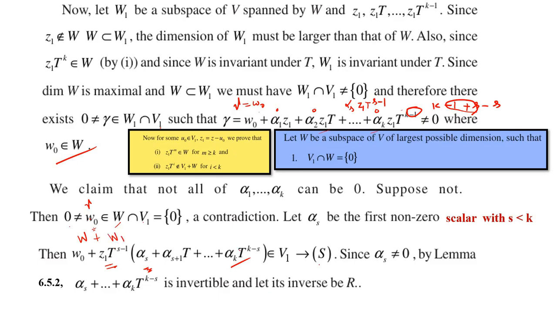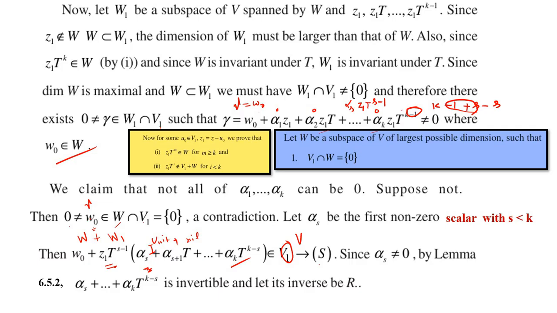So this belongs to V, it is a member of V. All these are members of capital V. And since alpha s is not equal to 0, by lemma 6.5.2, this is non-zero. Actually, it is the identity. So this is non-zero. These are nilpotent. Unit plus nilpotent is a unit. So you can find the inverse for this.